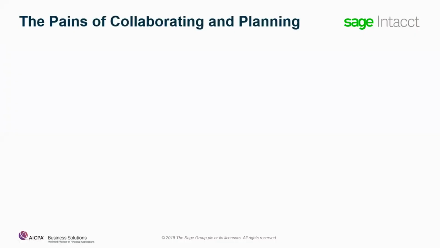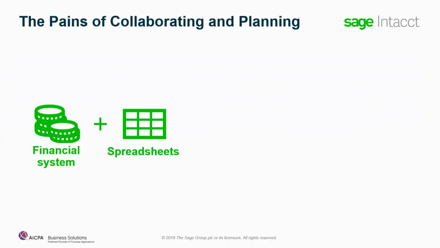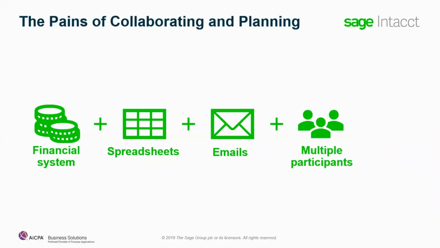So what are the pains companies experience when there isn't a good system and process in place to plan for growth? Well, we know there's a financial system. And if that system doesn't have the planning functionality you need, then you use Excel to create the budget templates and reports. And when you need to collaborate with others, you use email.